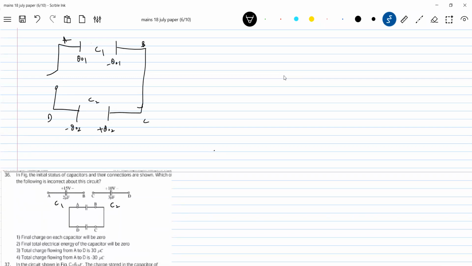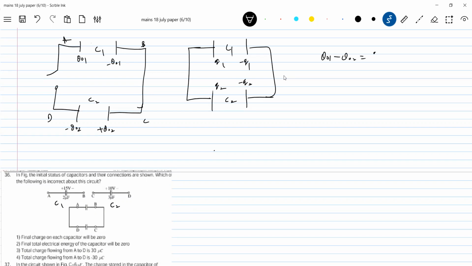Final charge, let it be Q1 and Q2, and solve the problem. Conservation of charge principle and potentials: Q1 by C1 equal to Q2 by C2.